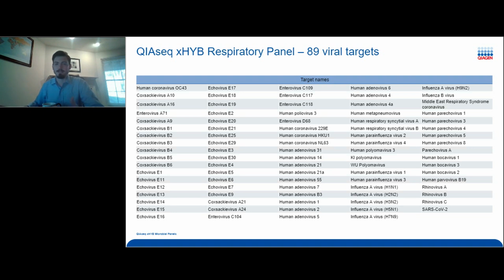However, I want to highlight again that it includes influenza A and B, SARS-CoV-2, rhinovirus, and RSV, as well as a few different coronaviruses that are associated with the common cold.